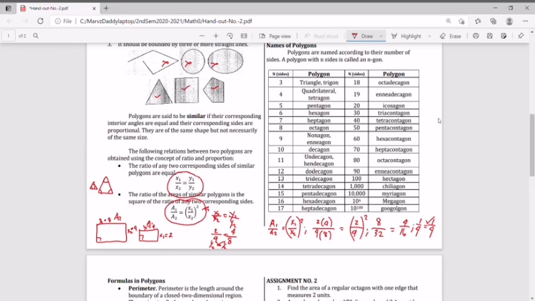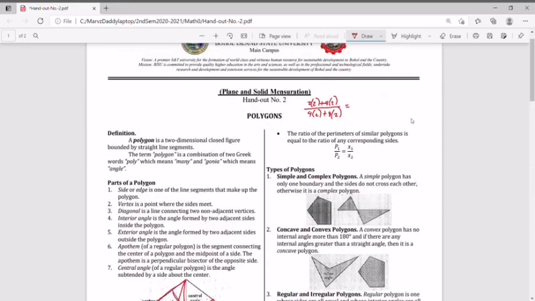our x1 is 2, our x2 is 4. So this is 4 plus 8, 12, over 8 plus 16, 24.